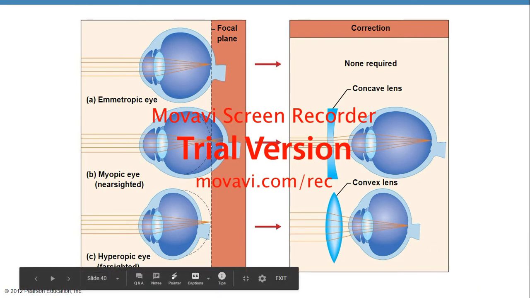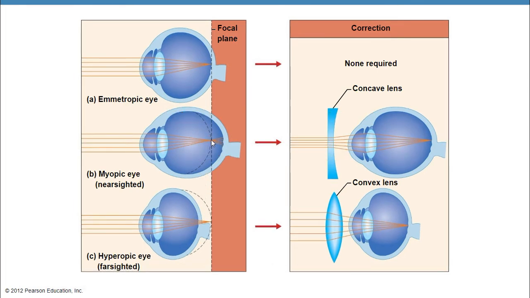So you see how the focal point for the myopic eye does not fall on the retina, it is in front. Okay, the eyeball is too long. It doesn't focus on the retina the way it's supposed to.